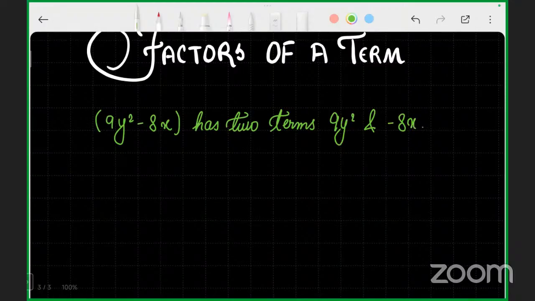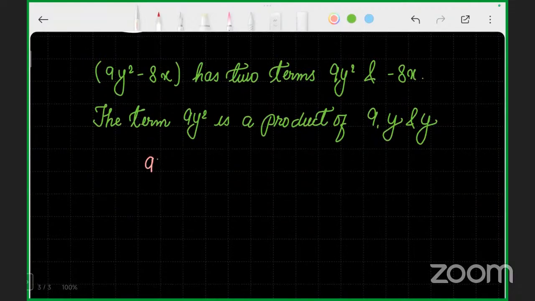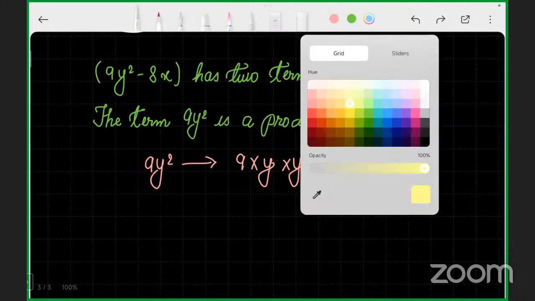So this is what we know. The terms are a product.